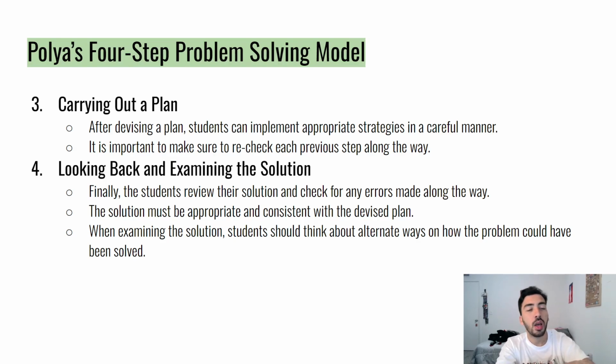After they finish and reach a conclusion, they examine it, make sure everything is correct, and then they look back thinking of, for example, if they did it one way, they could have probably done it another way, just like looking for different ways the problem could have been solved.